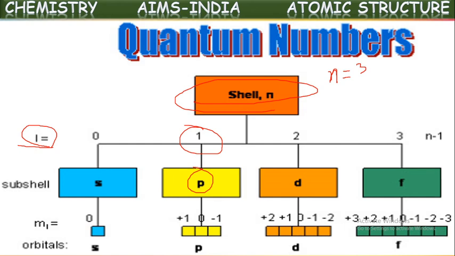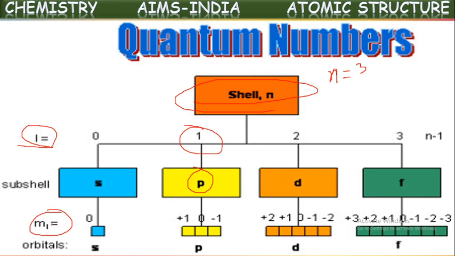Again, coming to p subshell, 3 types of orientations are possible for the electron. One along x-axis, another along y-axis, and the third one along z-axis. To know according to which axis the electron is revolving around the nucleus in that particular subshell, we have to know the third quantum number, that is the magnetic quantum number value.